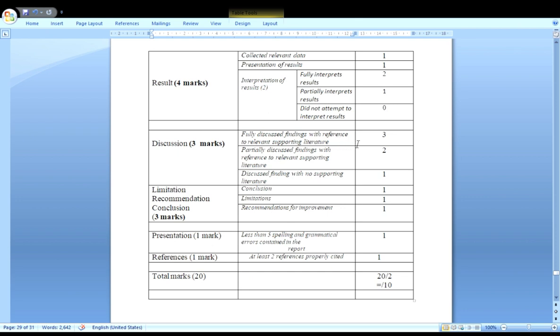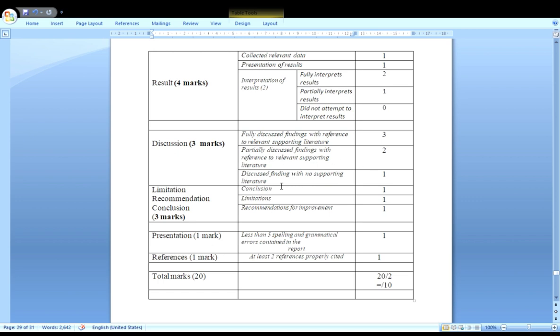Now if you use references or quotings from internet or books or other articles to back up or to compare your information or your findings with, then you would attract the full marks. The second section says partially discuss findings with reference to relevant supporting literature, then you will attract 2 marks.